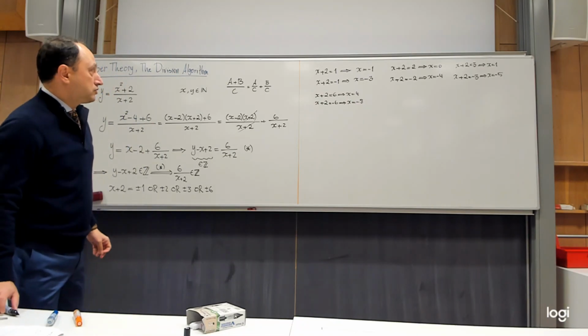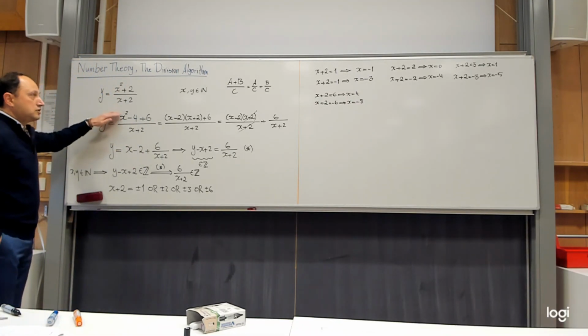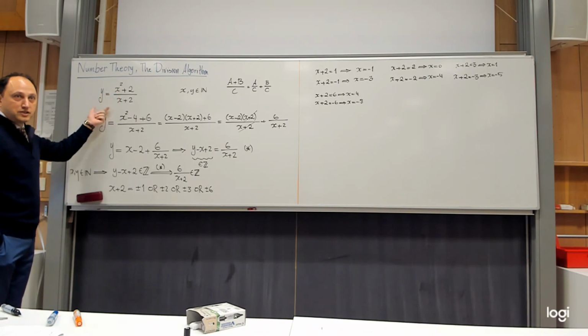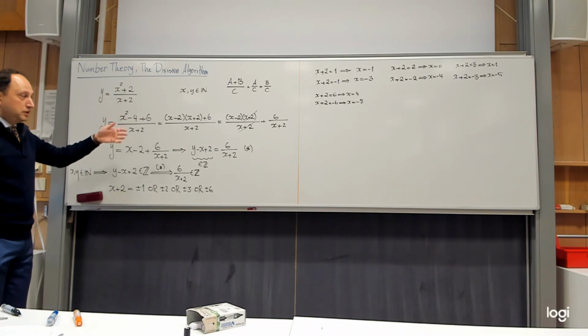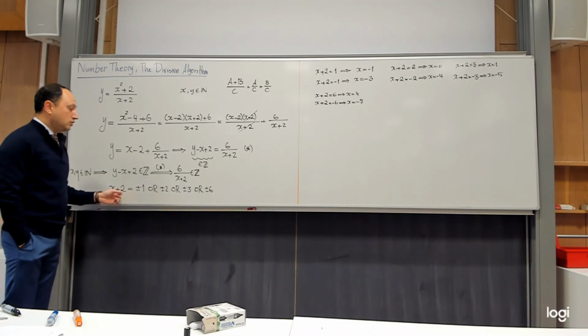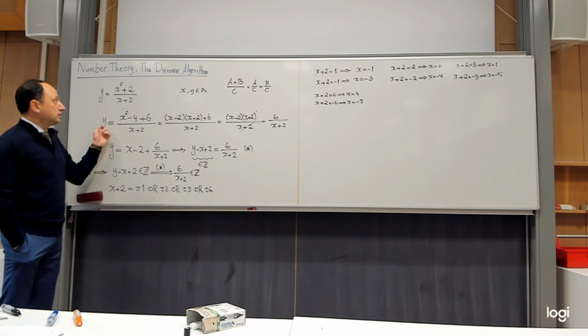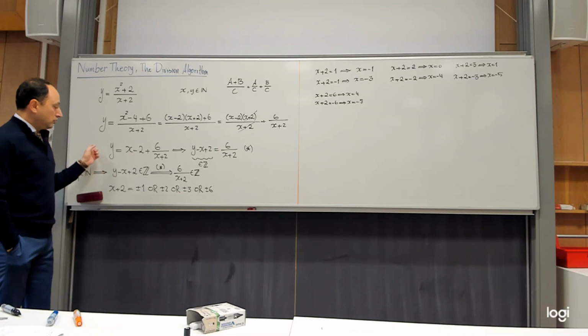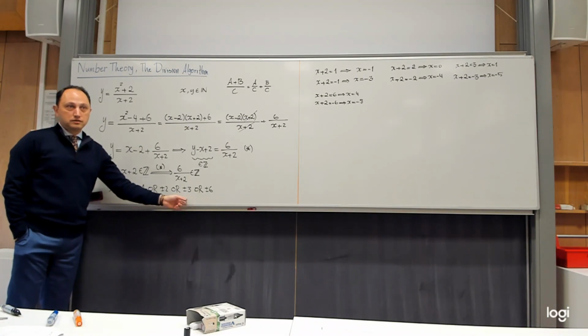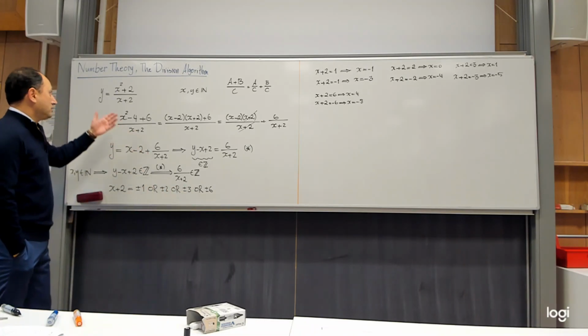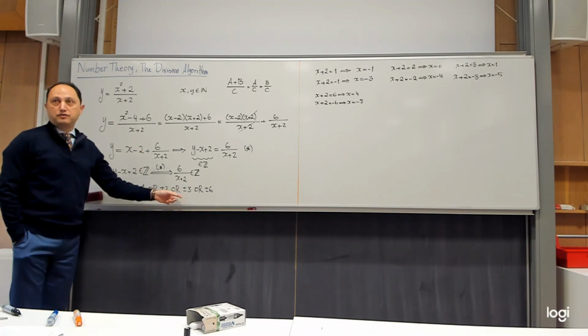If I wanted to solve this problem just by guessing, I have infinitely many potential numbers. But this way of thinking tells you that you don't need to look everywhere. You need to look only among these numbers.